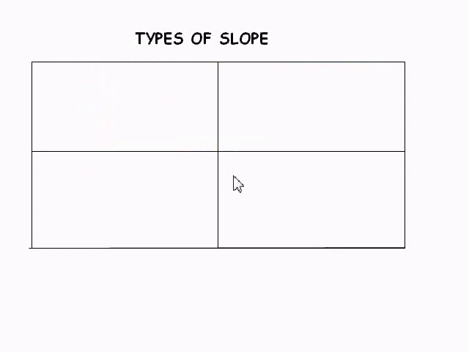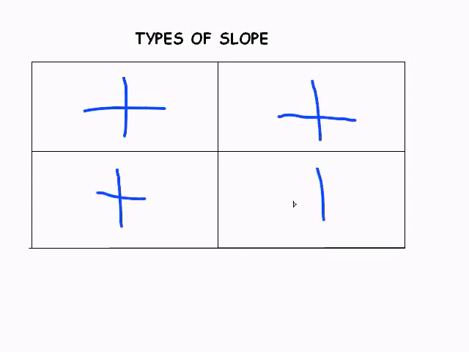We're going to take a look at some types of slope. First of which, if the line goes up from left to right, I'll draw my line in red. Let's draw some xy axes, and let's draw our lines in red. If our line goes up from left to right, this is called a positive slope.